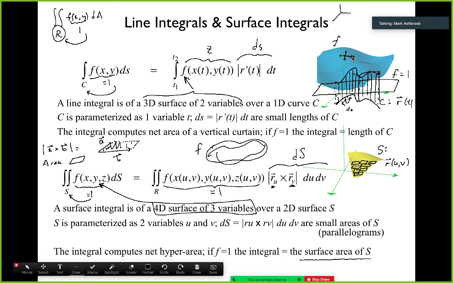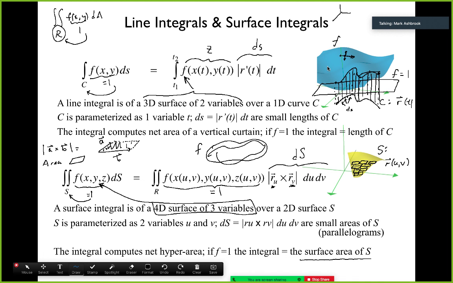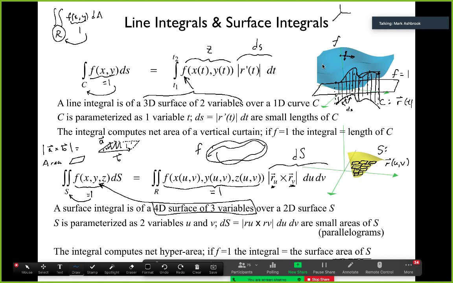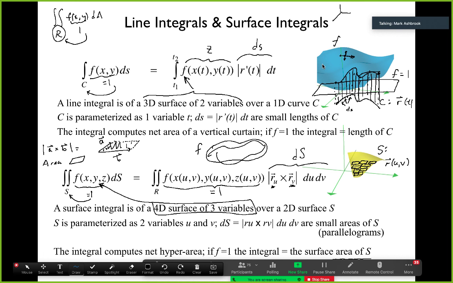A component going this way and a component going this way. Does that make sense? So it's like a plane is a two-dimensional surface. If you warp it, if you curve it, if you meld it, it lives in three dimensions, but the surface itself is still two-dimensional. It's just warped. Does that help?